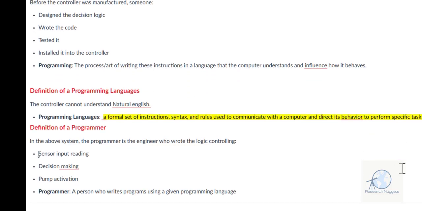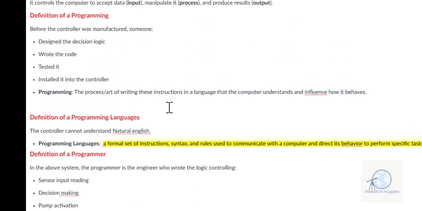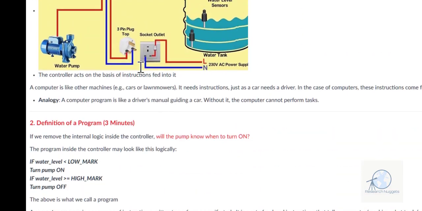And so the person responsible in this case is what is referred to as a programmer. A programmer is the person who wrote the logic that is performing this particular task.